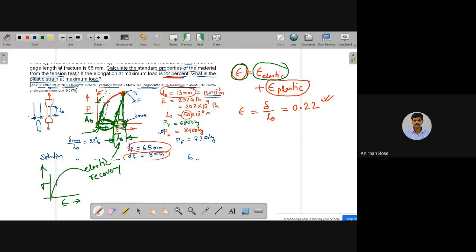That's all. So if this angle is theta, the slope is tan theta, right?